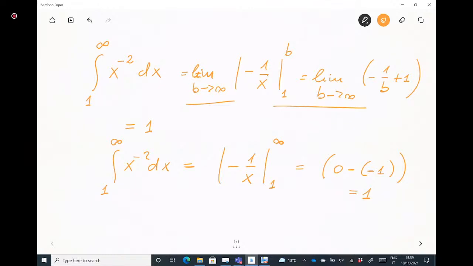Now, suppose that you want to, of course, the property of additivity with respect to the interval of integration holds also in this case.